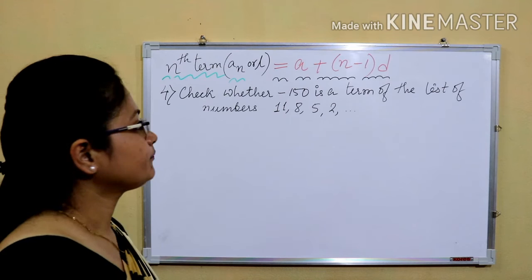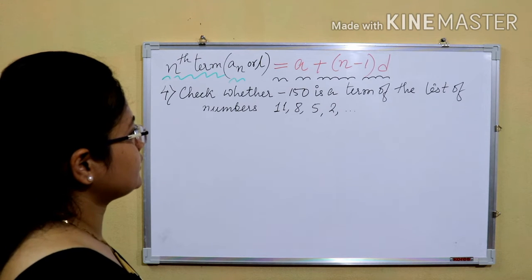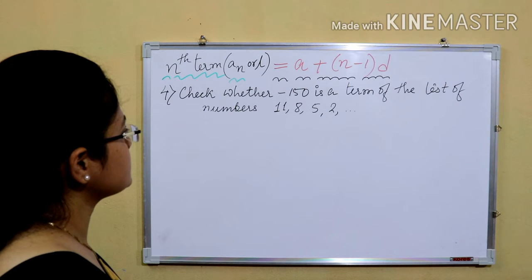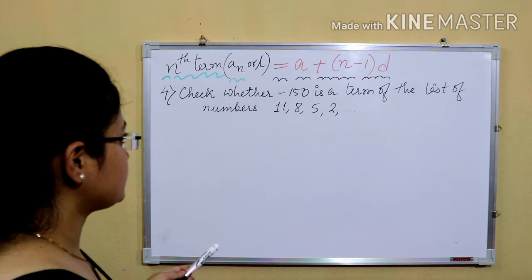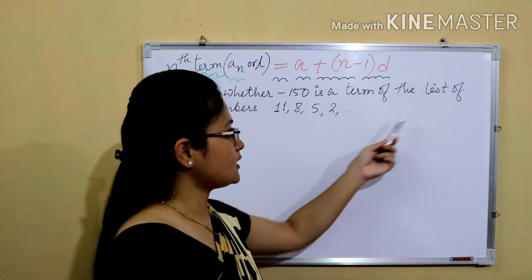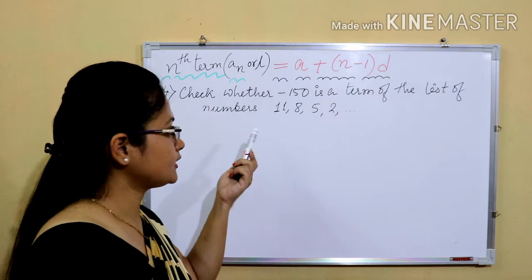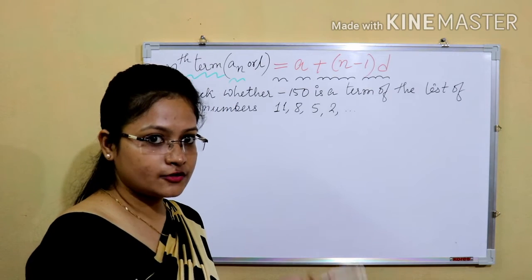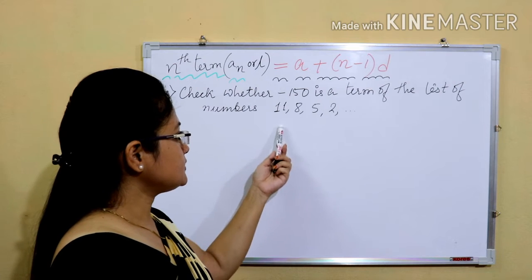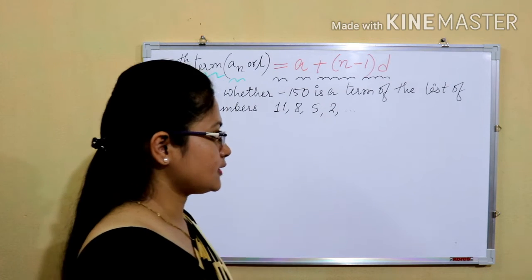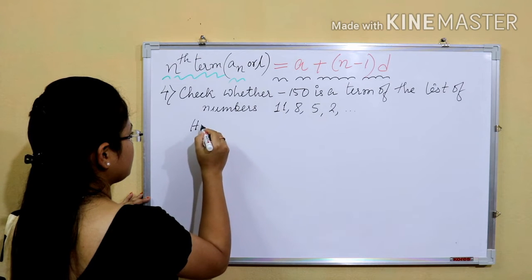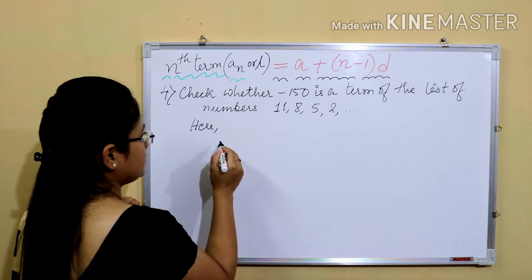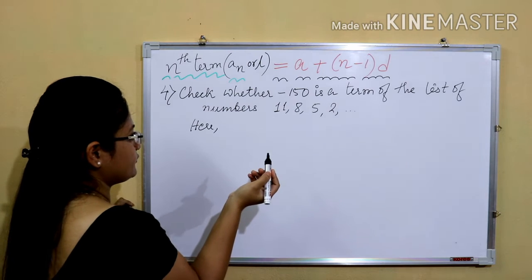Example 4. Check whether minus 150 is a term of the list of numbers 11, 8, 5 and 2. In this question it is mentioned that these numbers are a list of numbers. It is not directly told that it is an AP. So first we have to see whether this list of numbers forms an AP or not. For that, we have to find the common difference.